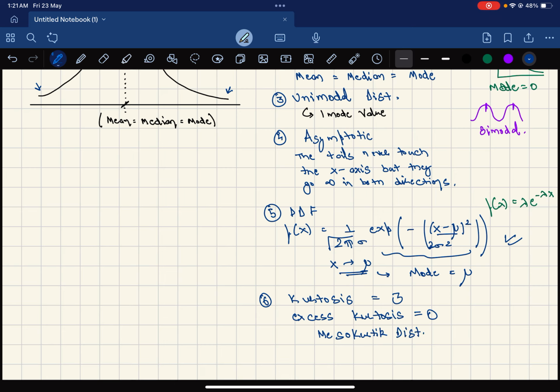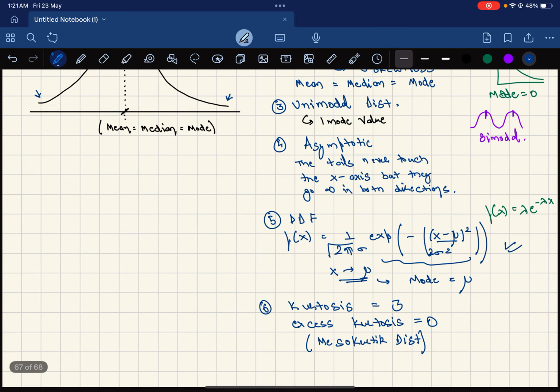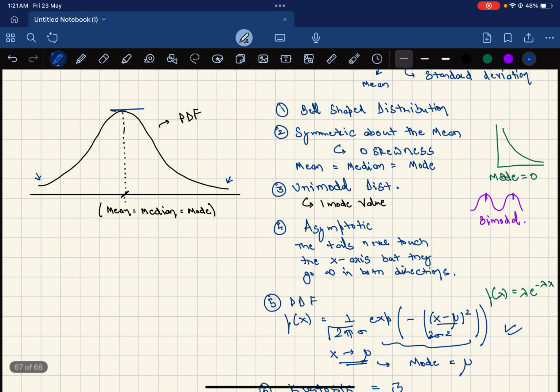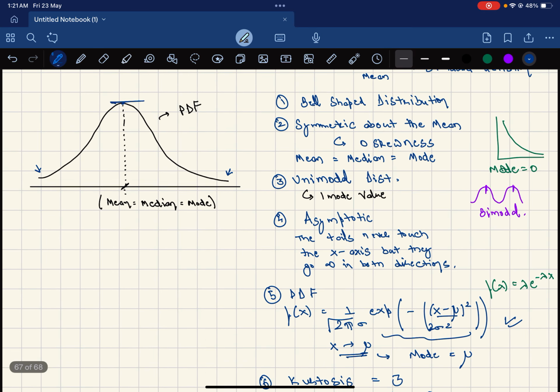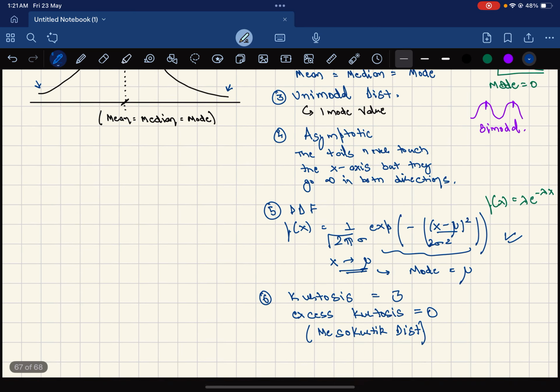We saw in the previous session that a distribution with 0 excess kurtosis is called a mesokurtic distribution. So these are some of the properties of the normal distribution, which define the PDF, the shape, and the measures of central tendency.